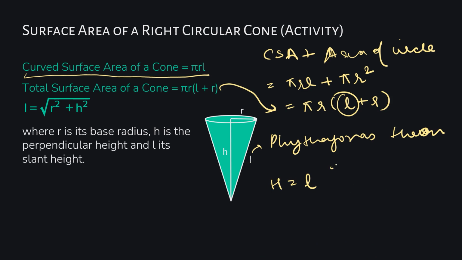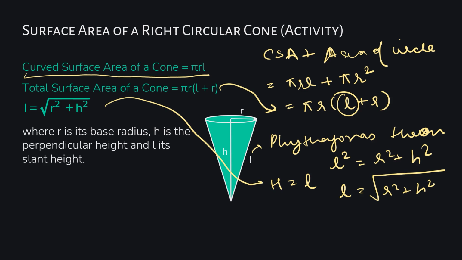So we can write l square equals r square plus h square, and we'll just put under root r square plus h square. So this is how we find out the slant height of the cone, which is given as l.